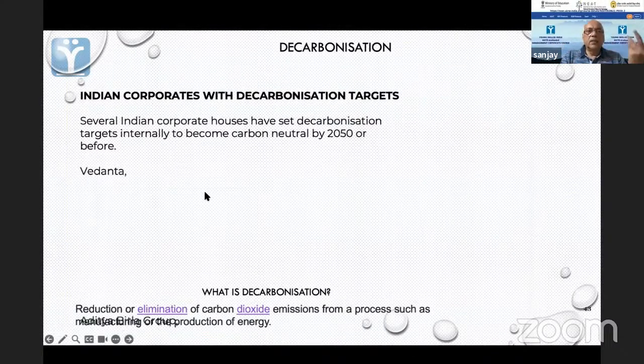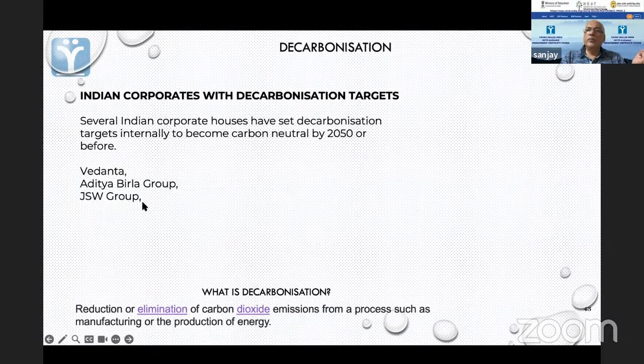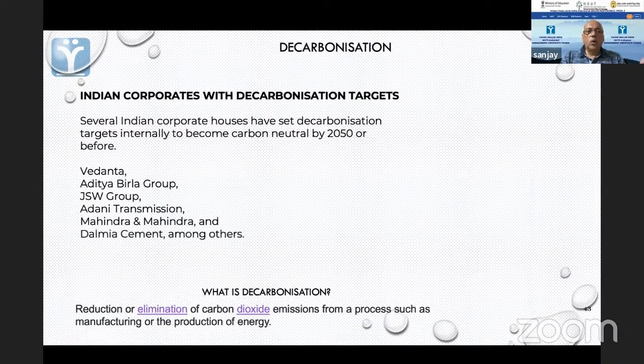You have Vedanta, Aditya Birla, these are all into mining. The JSW group. In some cases it is bauxite, aluminium. In other cases it is iron ore. Adani Transmission, obviously generation of electricity. Mahindra and Mahindra, their main work would of course relate to automobiles. So all industries, cement, Dalmia Cement, these are all companies which are aware of the fact that we have to decarbonize, and it is part of their corporate objective.